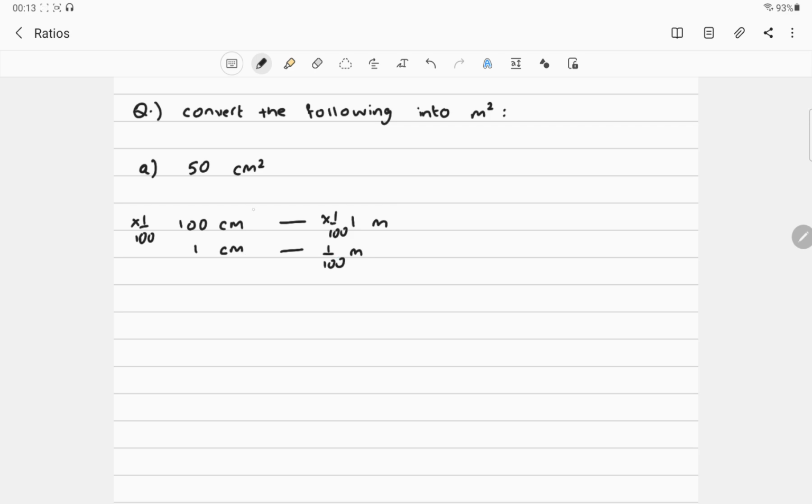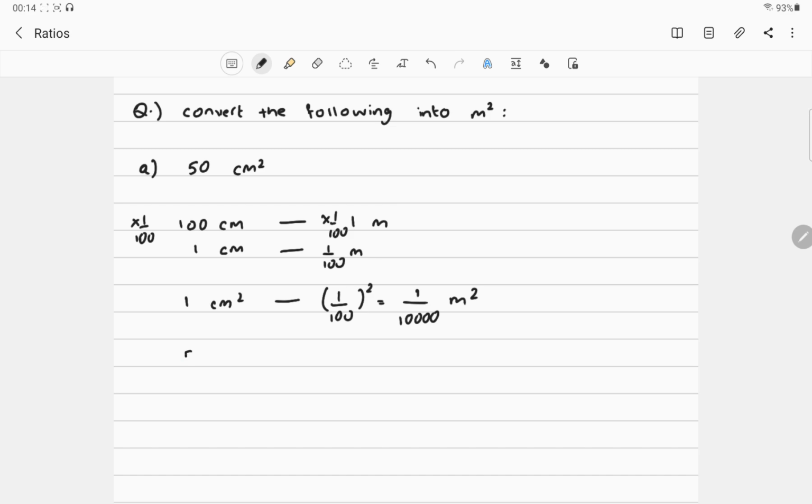Now we need to move on to the squared side. So we say, okay, 1 centimeter squared would mean that you just square this side, and you square the other side also. So 1 upon 100 squared, that is 1 squared is 1, 100 squared is 10,000. So this is 1 upon 10,000 meters squared.